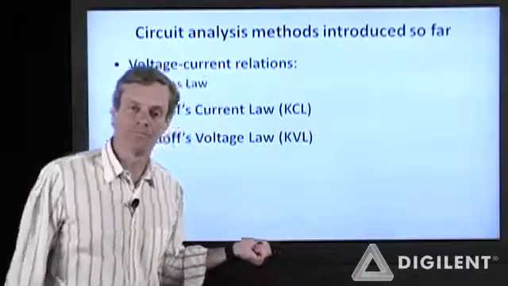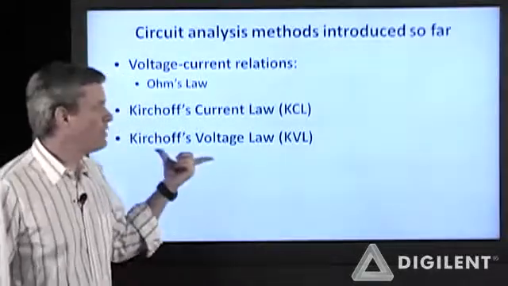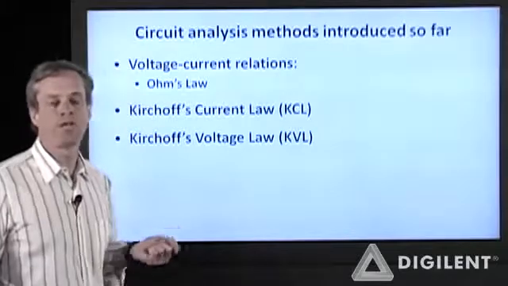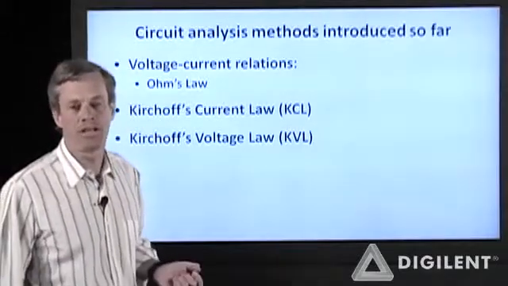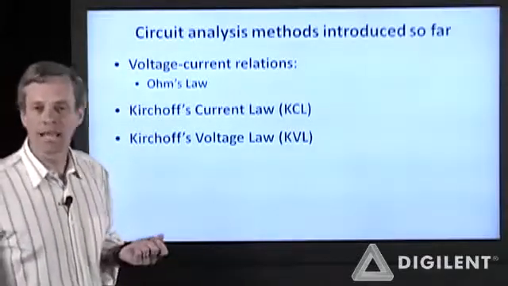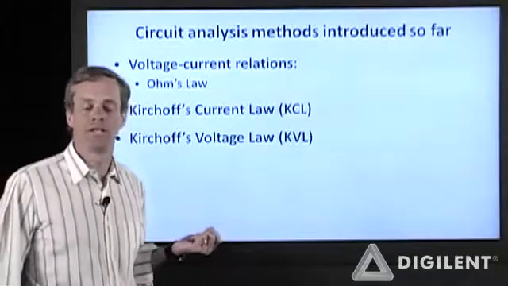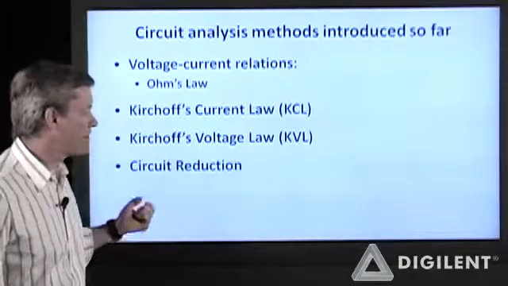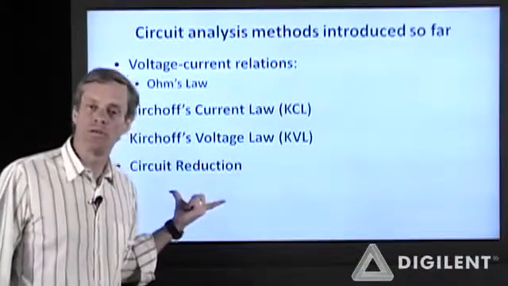Now after that, we noted that if we applied these approaches blindly, we could do an exhaustive method of circuit analysis. But in a lot of cases, that led to a large number of equations and a large number of unknowns. So to simplify our analysis methods, we introduced circuit reduction.